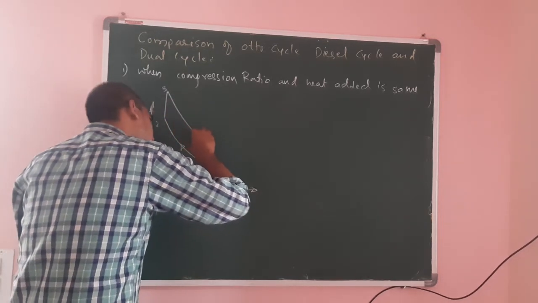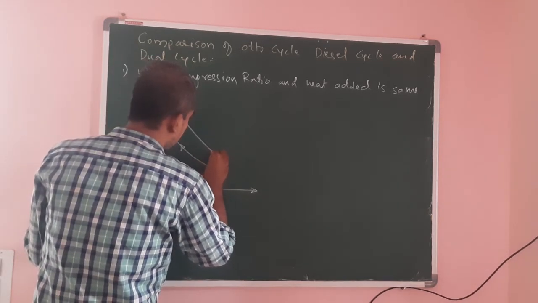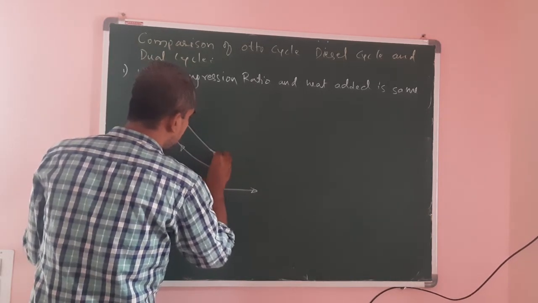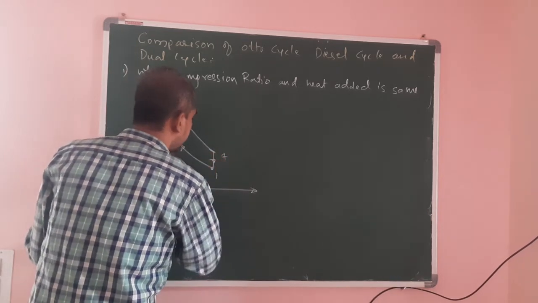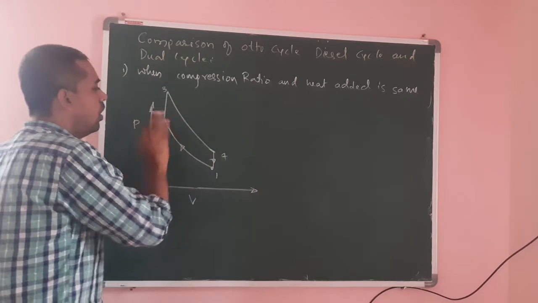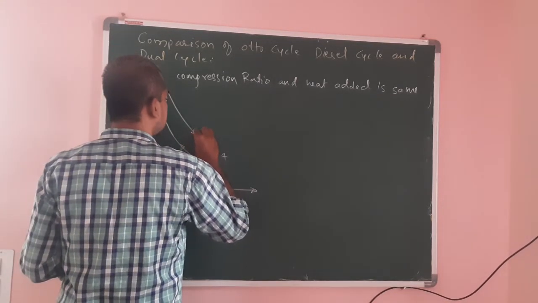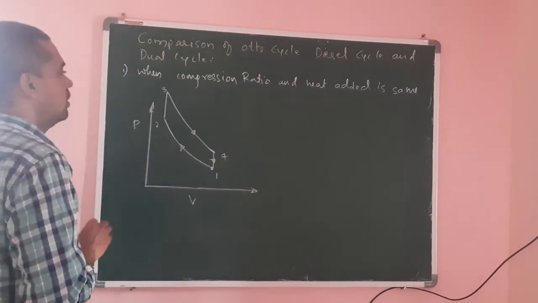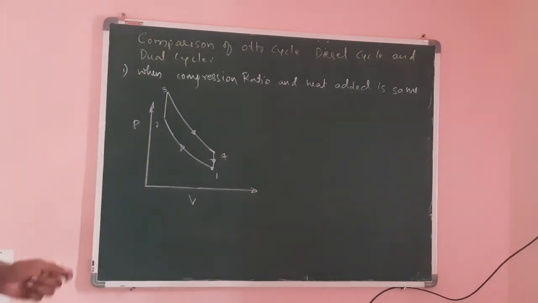3 to 4 is isentropic expansion. 4 to 1 constant volume heat rejection. This is the Otto cycle. If I draw a diesel cycle on the same PV diagram, what happens?